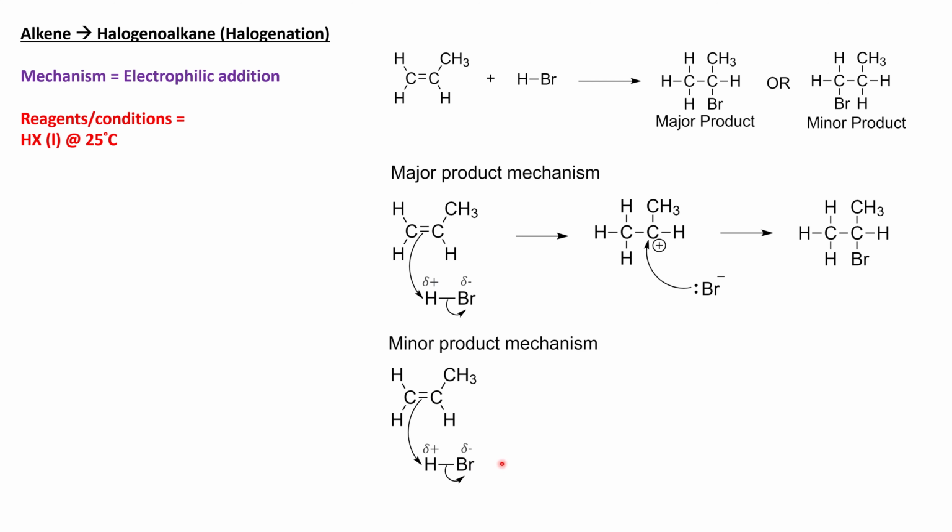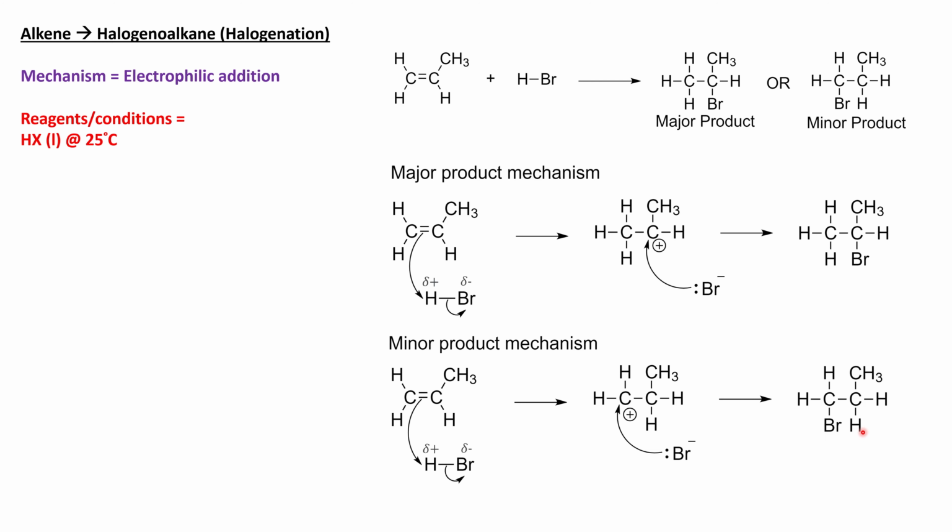Break the hydrogen-bromine bond, but this would yield this intermediate. If we hinged this bond down this way instead of hinging it down that way, then we'll end up with this intermediate. Now this results in a primary carbocation, which hopefully you remember from the last one is less stable because the positive inductive effect is not as strong. It'll be attacked by our nucleophile, which is bromide, and this will form our 1-bromopropane.